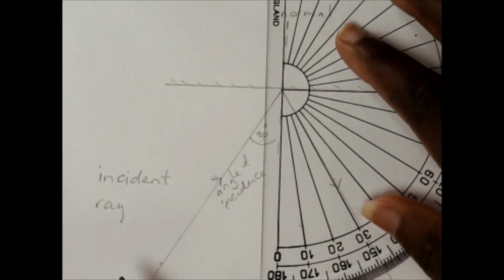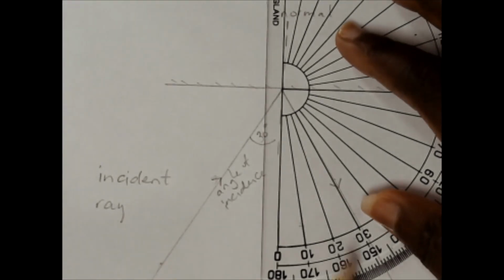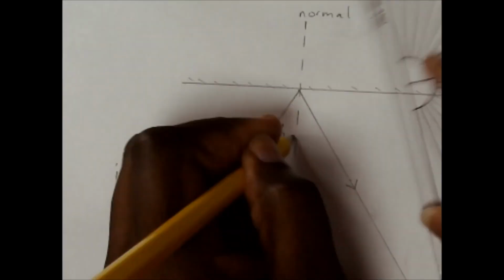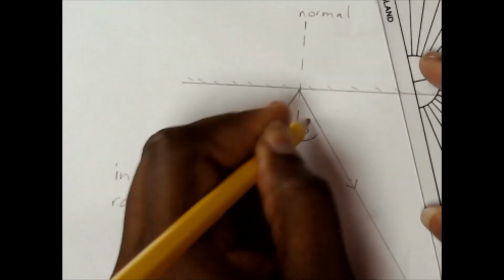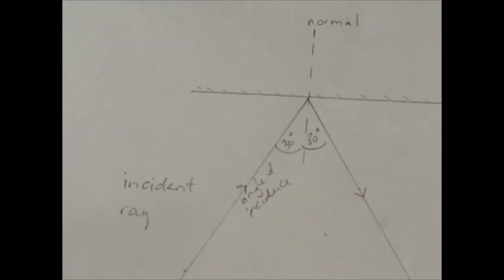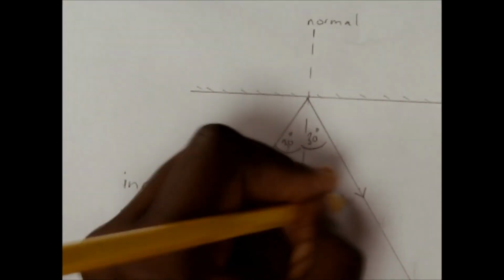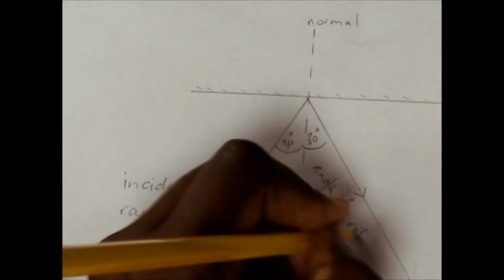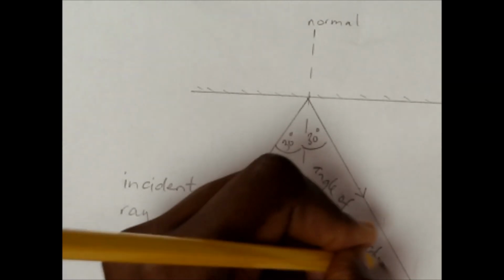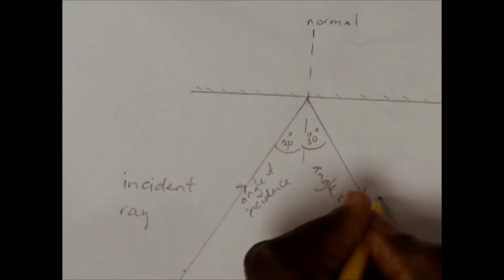So what we can notice is that the angle of incidence is equal to the angle of reflection. So the angle of incidence and our angle of reflection must be the same. So this is our angle of reflection, and this is our reflected ray.